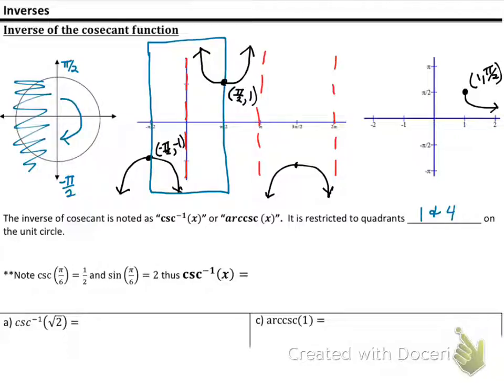This one, when it gets flipped over, is just going to go the other way. Ooh, I didn't even plot the point yet. Let's plot the point first. So we're going to do negative 1, negative pi over 2. This guy getting flipped over is going to do something like that. So they're both going to go towards the x-axis.